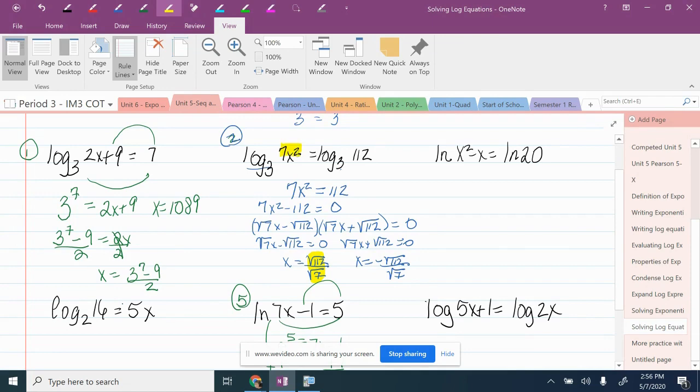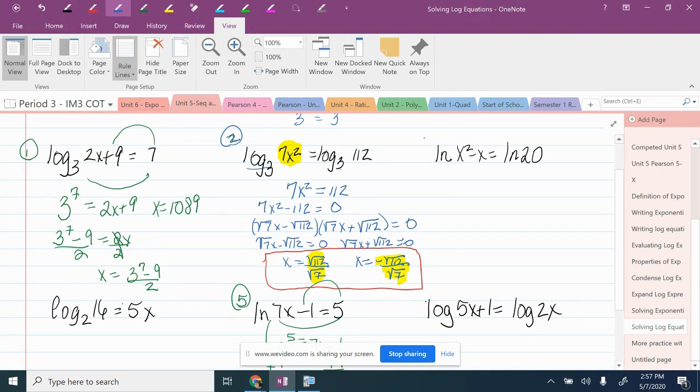So this argument is positive, and 112 is not going to change its value. Likewise, if I square this, I will also become positive, multiplying a positive value. I remain positive, so this time we don't throw away any solution. The rule is not to throw away any negative solution we would get. The rule is to evaluate each one of your answers to make sure that they're valid answers.